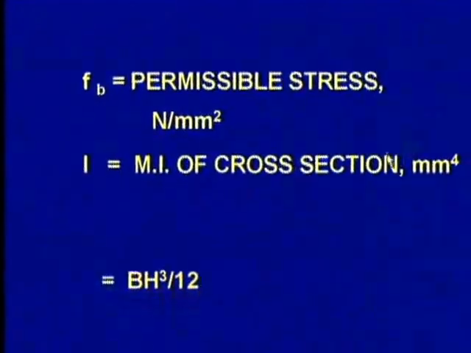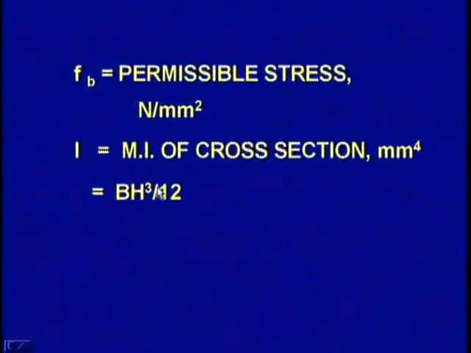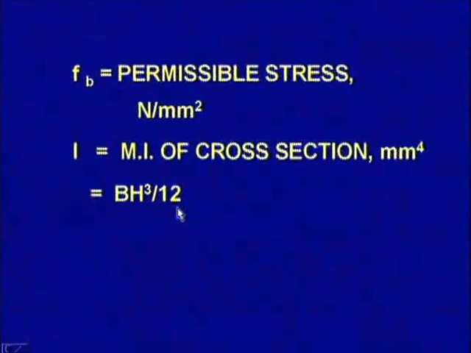Any beam which is tried to be bent will be resisted by the property called the moment of inertia. The units are mm to the power of 4, and it is given by the equation BH cube by 12 for a rectangular cross section. B is breadth, H is height, and this is a standard formula for the moment of inertia of a rectangular cross section about its centroidal axis.